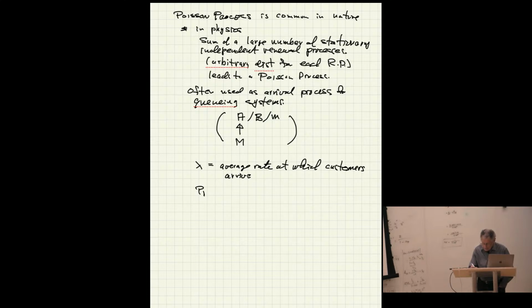P sub k of t, what we just solved for, is the probability of k arrivals in the interval 0 to t. Remember what P sub k of t was for our process.